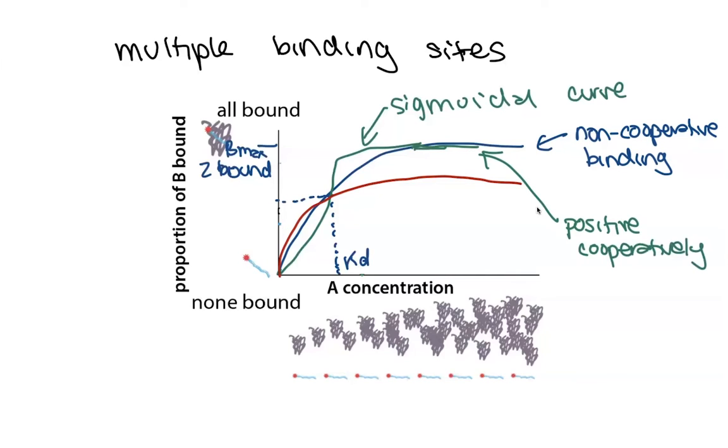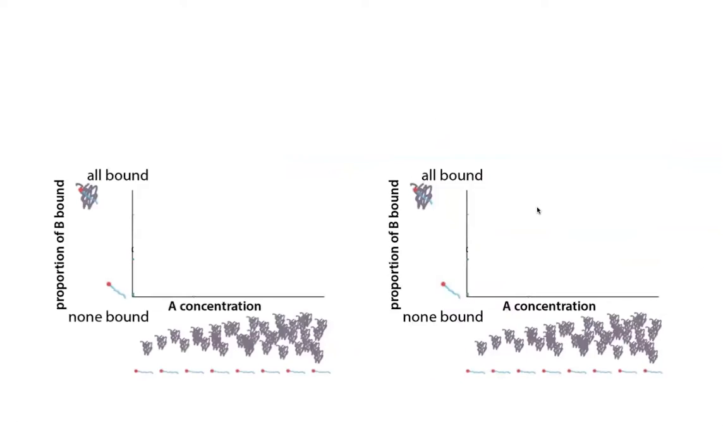So the marriage of Sally makes Jane more likely to get married. And then we have the scenario of negative cooperativity, where the binding of one partner decreases the likelihood the other partner will get bound. This is when Sally gets married and makes Jane less likely to get married.